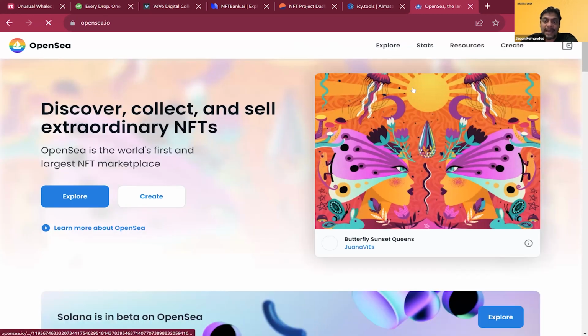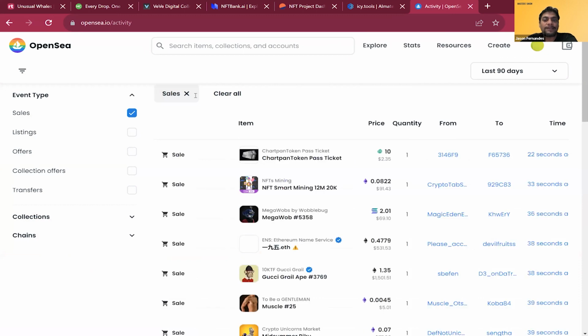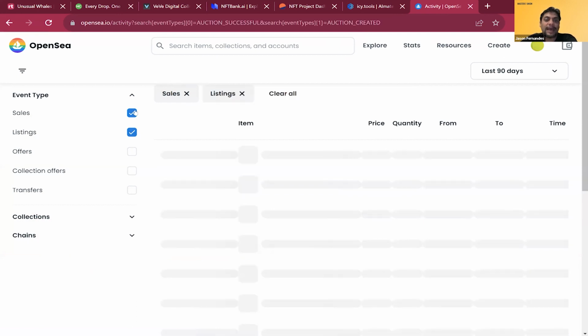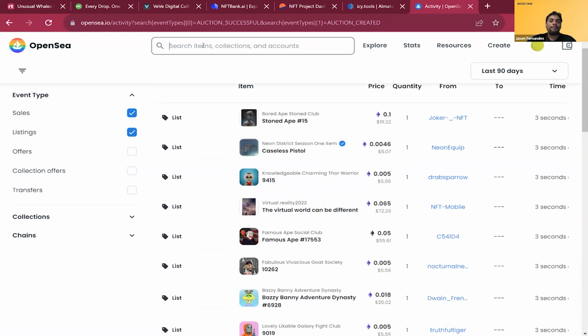So if you look at the stats and you look at activity, this shows you all of the sales, but you can actually add listings. So for example, let's say you wanted to take a look at Bored Ape Yacht Club.